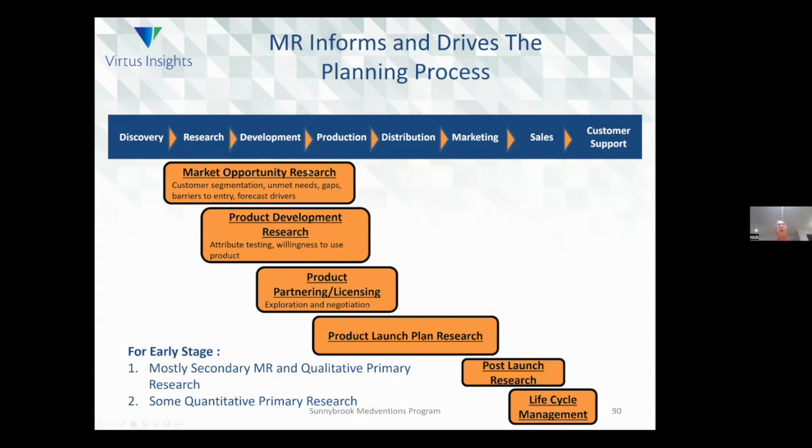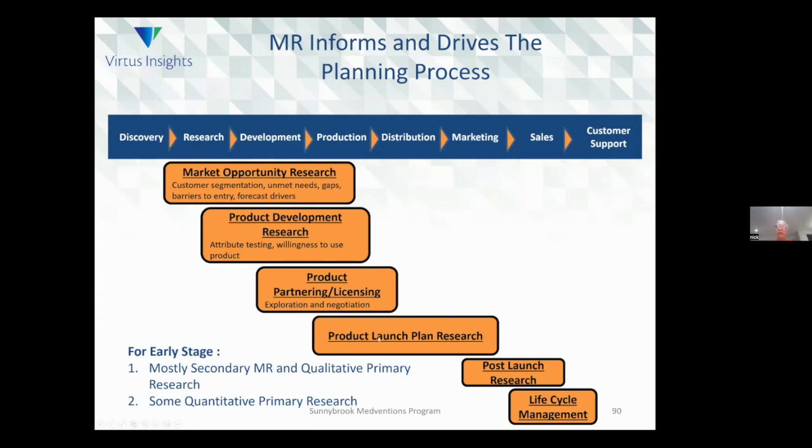And even though it starts here early, quite often it continues as you move on. Market research can inform product development research, such as attribute testing, a willingness to use a product. It can inform partnering and licensing work streams where you can explore and examine negotiations with various partners.